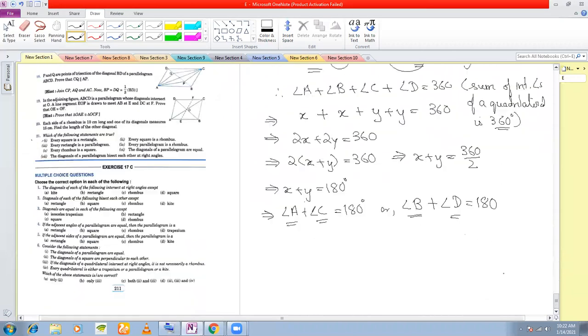Hence, what can you say? Hence, opposite angles of an isosceles trapezium are supplementary.